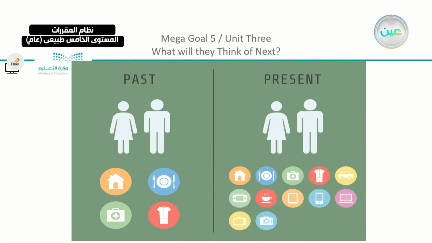Now, notice the needs of the past compared to the needs of the present. Before, the most important things they had to make sure of were where to live, what to eat, clothing, and healthcare in general. But nowadays, we have these things, yes.